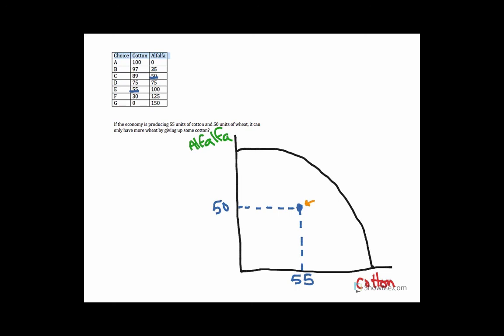If we want to have more alfalfa without giving up cotton, that's possible because you can consume at a point on the production possibilities curve, which is equivalent to 100 alfalfa, and that's point E. So we can go from this interior point out to point E, gaining 50 more alfalfa while giving up no cotton. So this question is false.